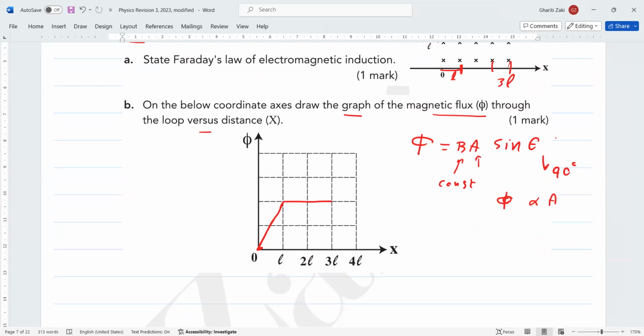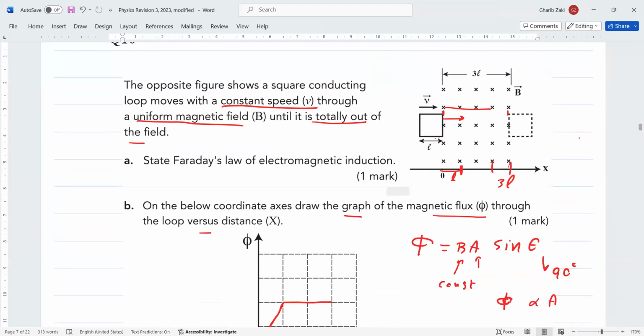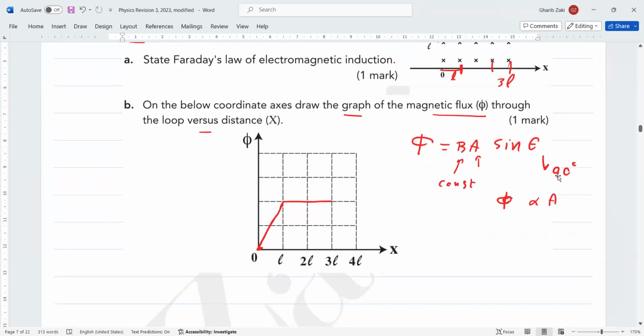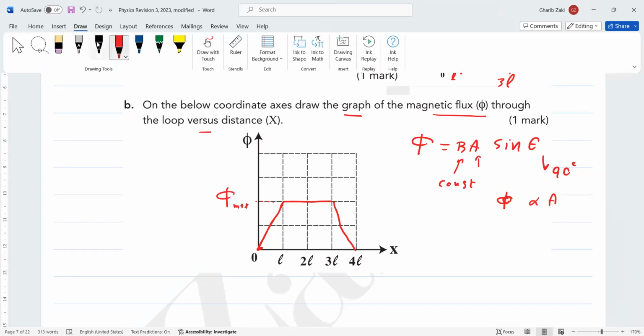Then the square starts to leave the magnetic field, so the magnetic flux decreases gradually, because it depends on the area, until it becomes 0 when completely out. So this is the graph. This is the maximum phi.